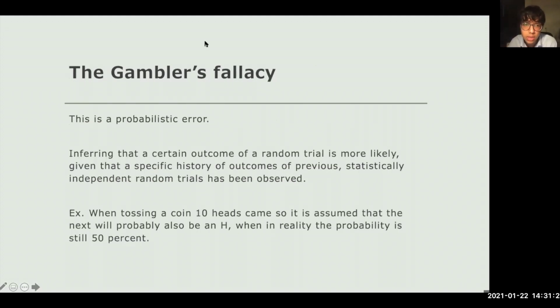The gambler's fallacy. This is a probabilistic error, inferring that a certain outcome of a random trial is more likely given that a specific history of outcomes of previous statistically independent random trials has been observed. This might make sense for all the stats and probability students and all the math kids, but in simple terms, it's using the history of a certain event to predict the next event.